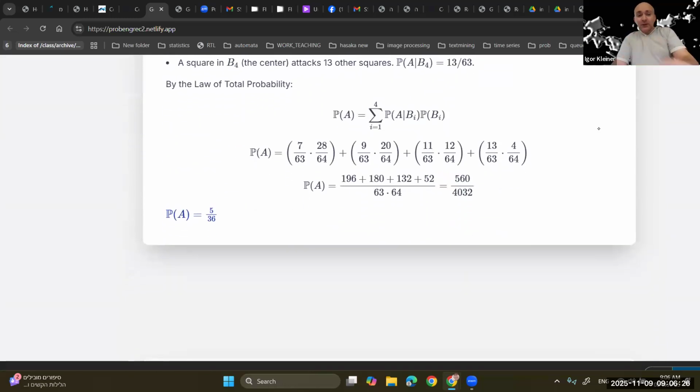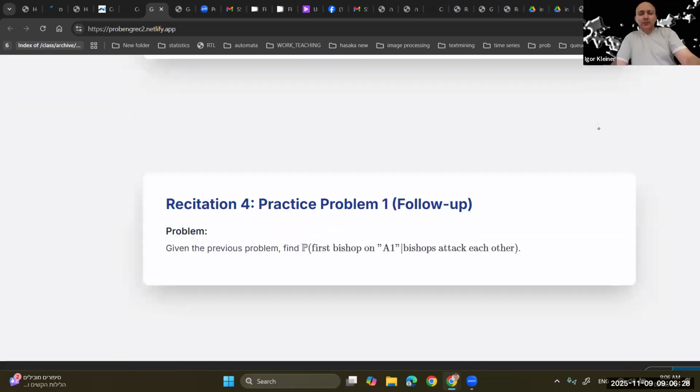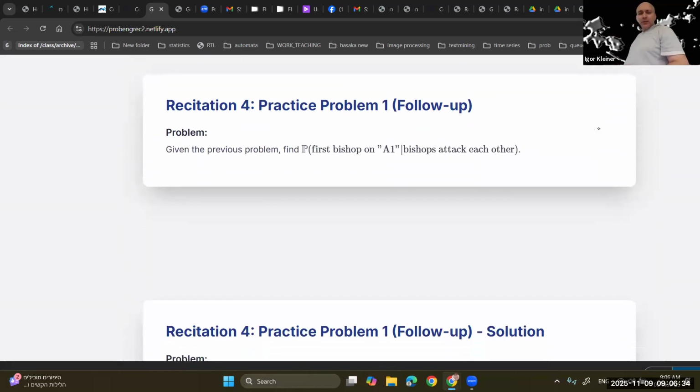Okay, second part of this same question. Again, conditional probability. Given the previous problem, find the probability that the first bishop is on A1. A1 is this point.